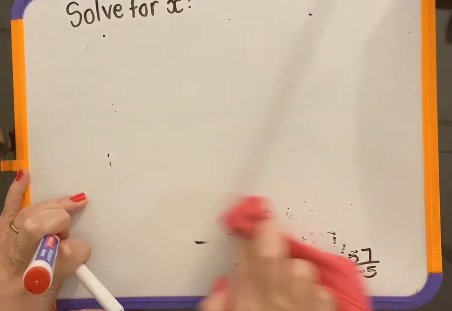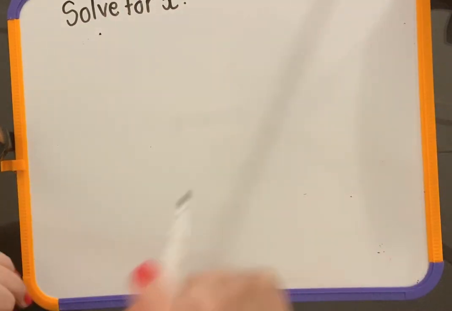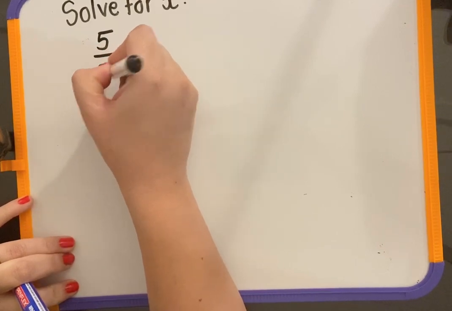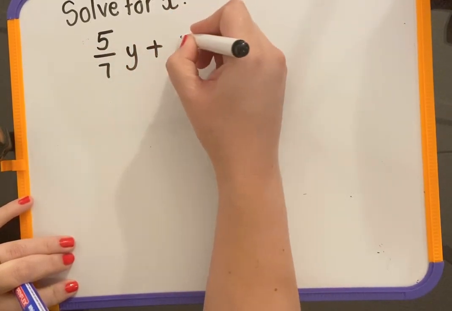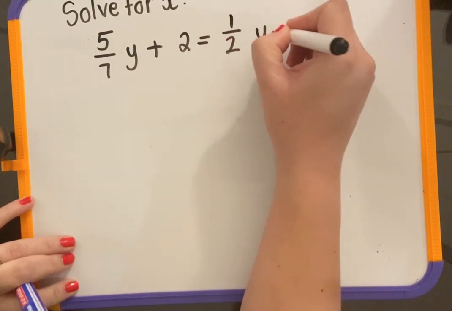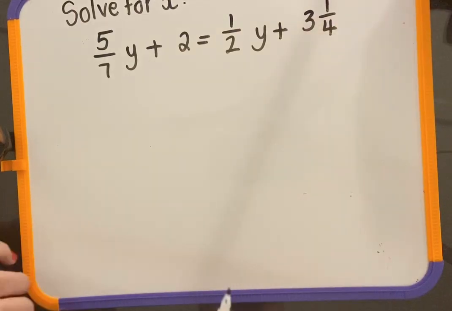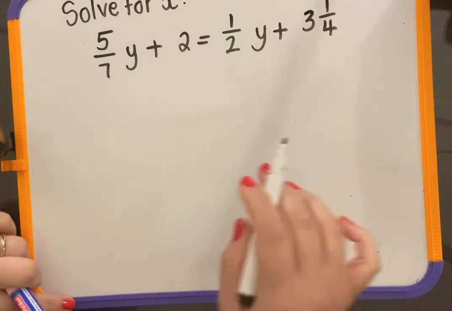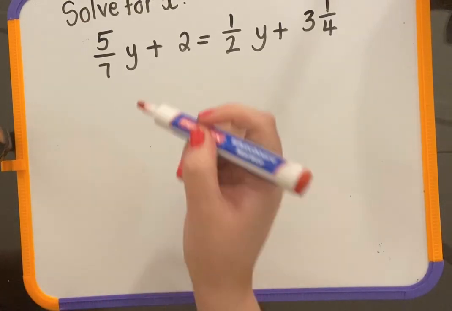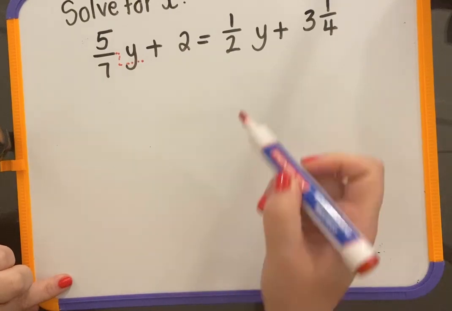If I give you 5 over 7 y plus 2 equals a half y plus 3/4. Okay, now that looks really ugly. So again, let's simplify. I know that this fraction over here, this y is part of the numerator.